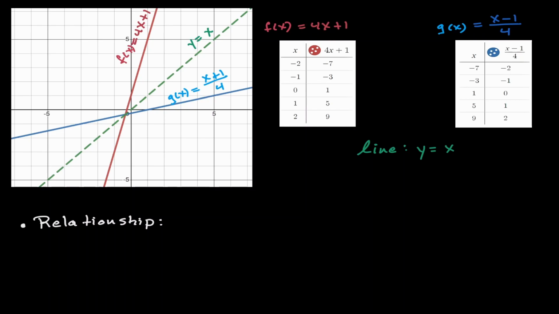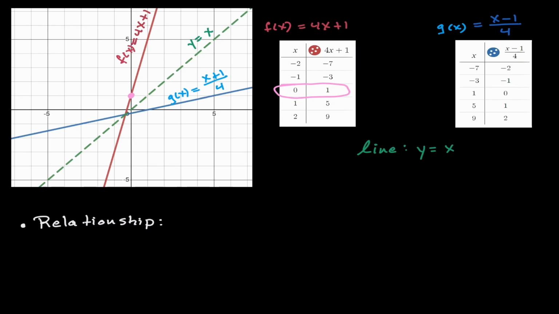So here we have the graphs of f of x and g of x, and the line y equals x. In red, we have the function f of x, and in blue, we have the function g of x. Now to look at the relationship, let's pick one coordinate point for f of x. Let's identify the coordinate point 0, 1, which we have here.